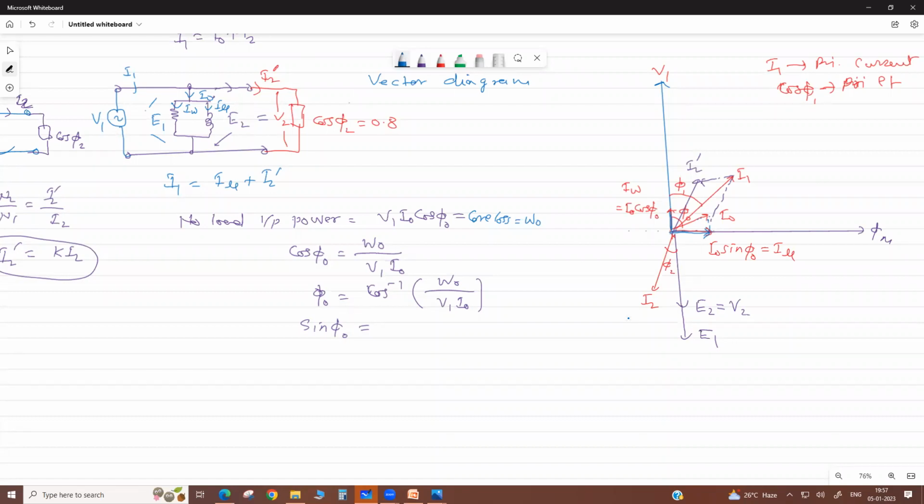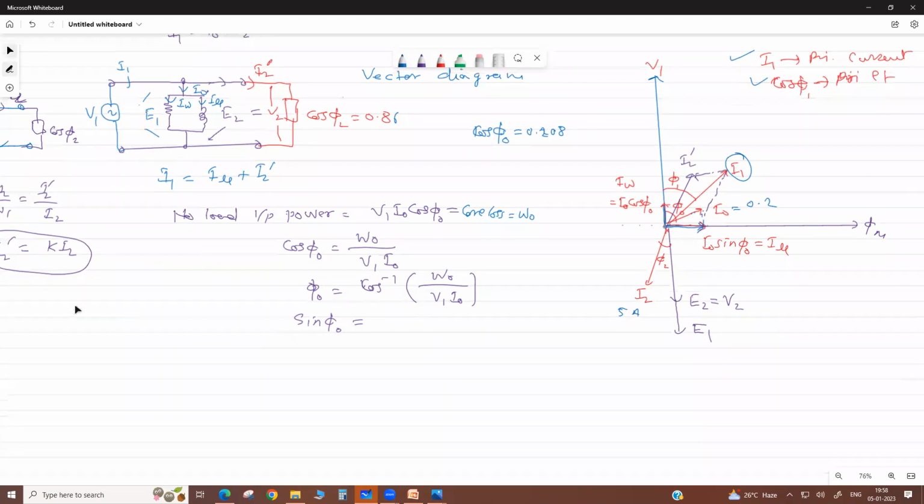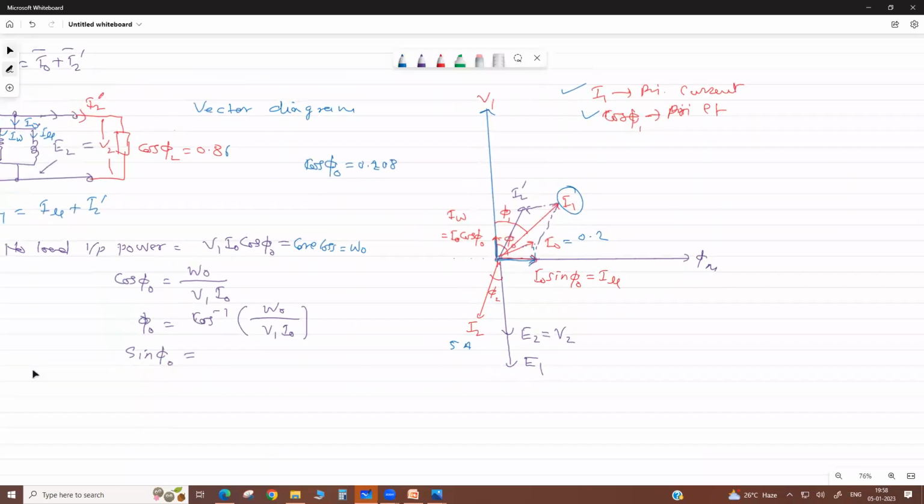This is 5 ampere. Then phi 2 we can calculate because cos phi 2 is given. I naught is also given, 0.2, and phi naught we can calculate because cos phi naught is given 0.208. Then we calculate I1 and cos phi 1. These two things he is asking. So tomorrow we discuss this question, or you can try it yourself.